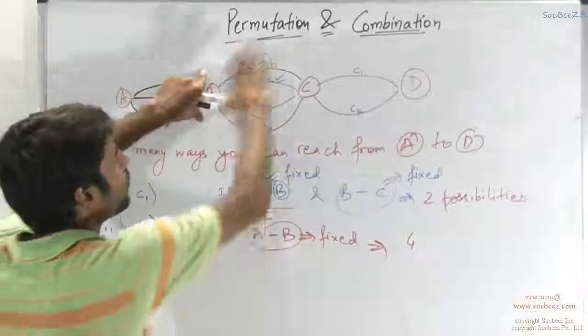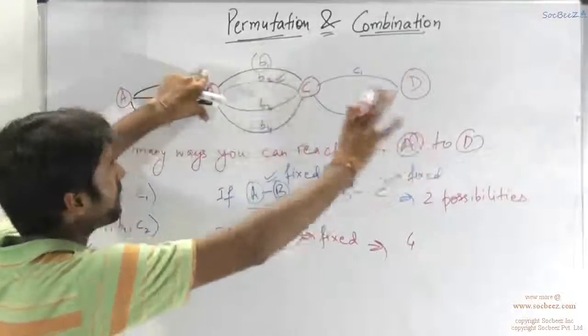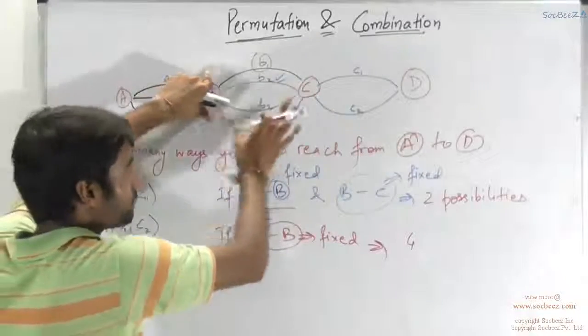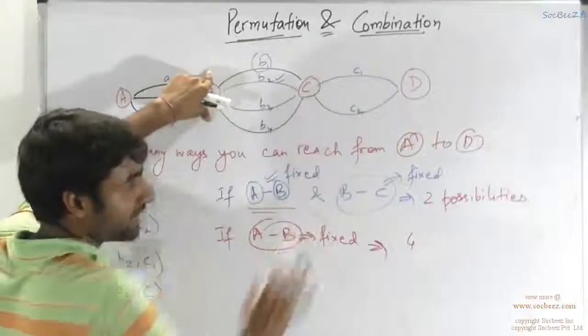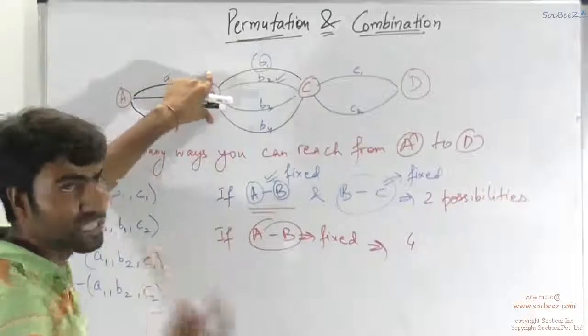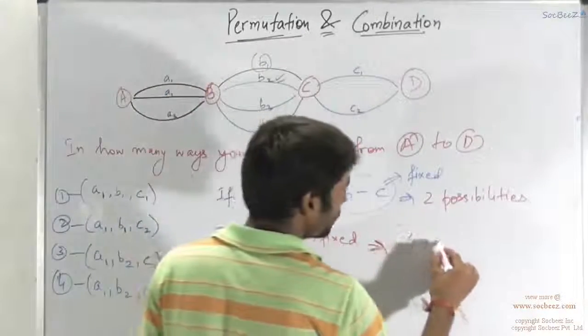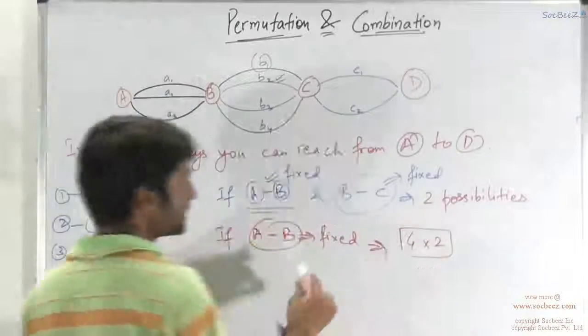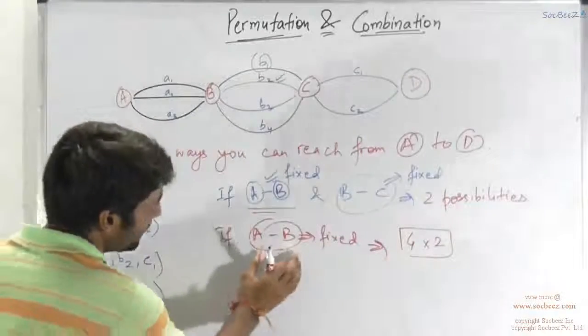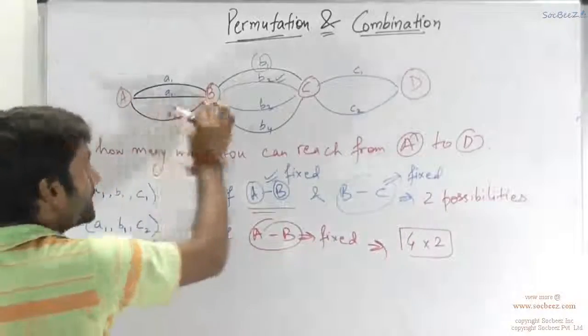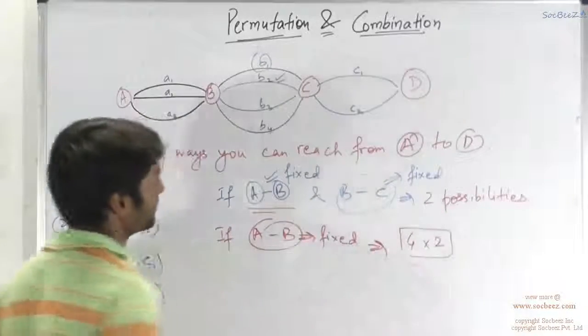If you have to do the whole task from B to D, you have to take one path from this side and one from this side. So it satisfies that you have to take one from each of the 2 tasks. The total possibilities will be 4 into 2. If you have fixed A to B, that is, you have reached B, then you have 8 possibilities.